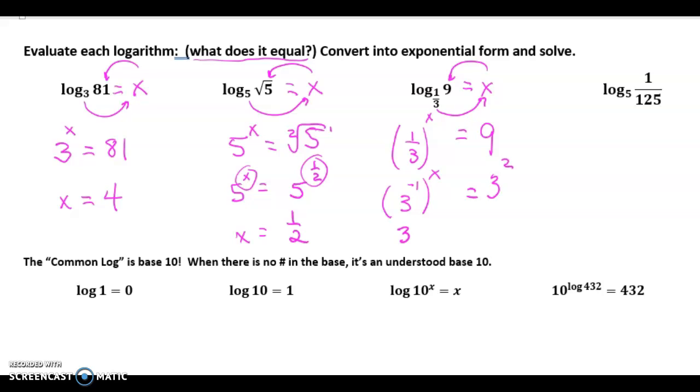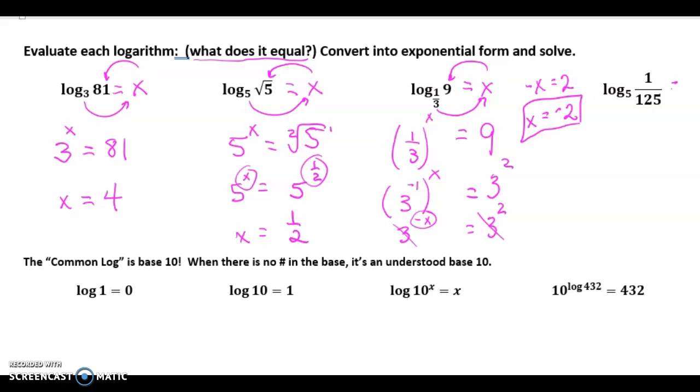So we have 3 to the -x, a power to a power. We would multiply the powers, equals 3 to the second power. So once your bases are equal, you can drop your bases and set your powers equal to each other. So -x equals 2, and x would equal -2.